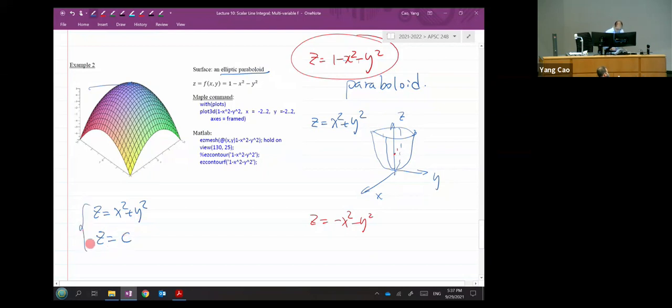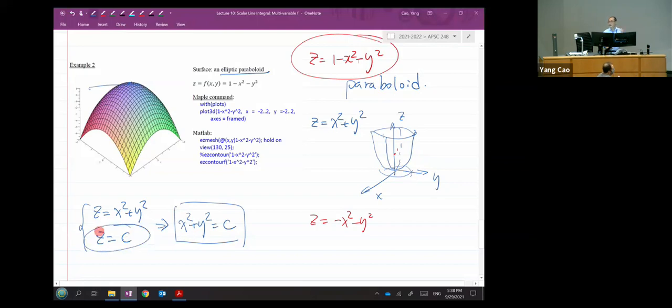If I ask you to solve this, you basically plug in c over here and you get x squared plus y squared equal to c. So what's this? It's a circle. Certainly you can draw it. However, this circle is not in the xy plane. This circle is at which location?